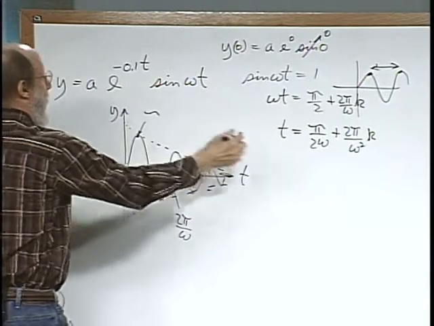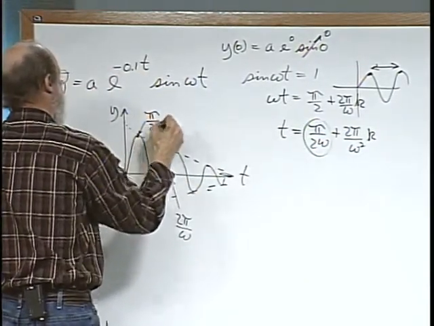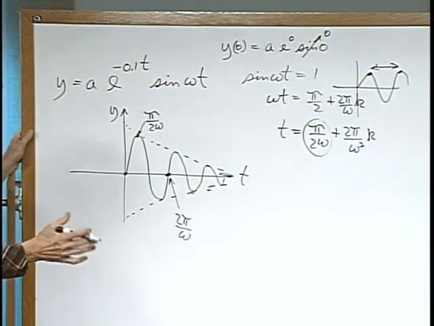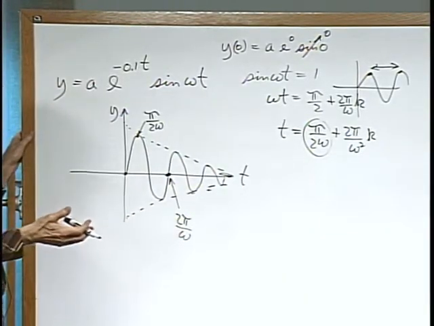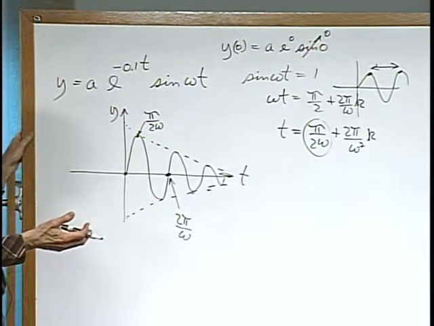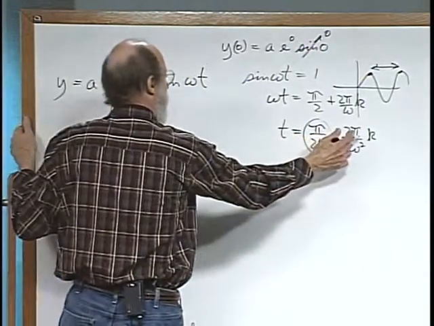No, I'm sorry, pi over 2 omega right there. And then every crest should be occurring periodically thereafter. Yeah, I think the mathematics here is okay.